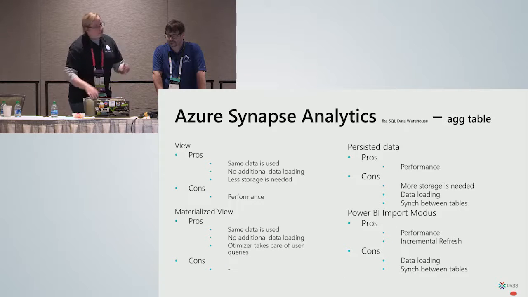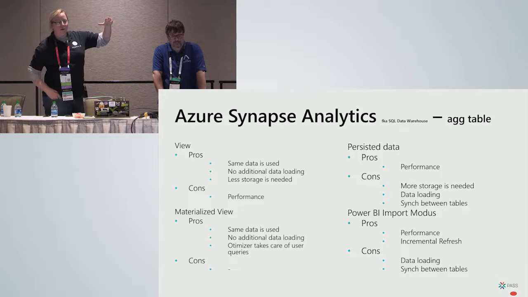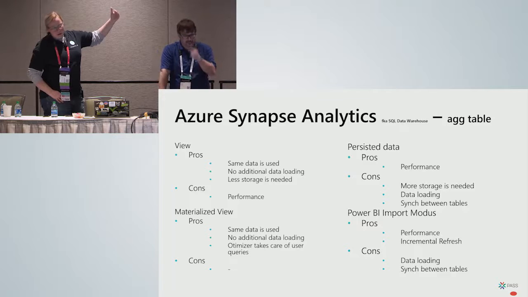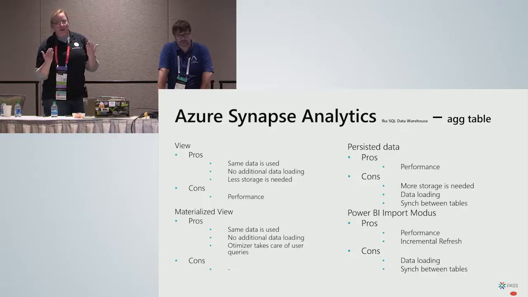Okay, so just to capture this, we try to set up those different situations here. You can either use a view in the Azure SQL DW and keep the data in the original data sources. You can use a materialized view, which handles persisting the data itself.